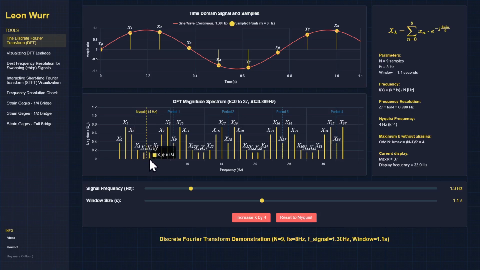Why is that? Because you can see here that this spectral line, X5, has exactly the same amplitude as X4. So it is mirrored across Nyquist. It is not really new information. It is not adding anything to us as data analysts, as NVH engineers. So we just ignore anything above Nyquist.